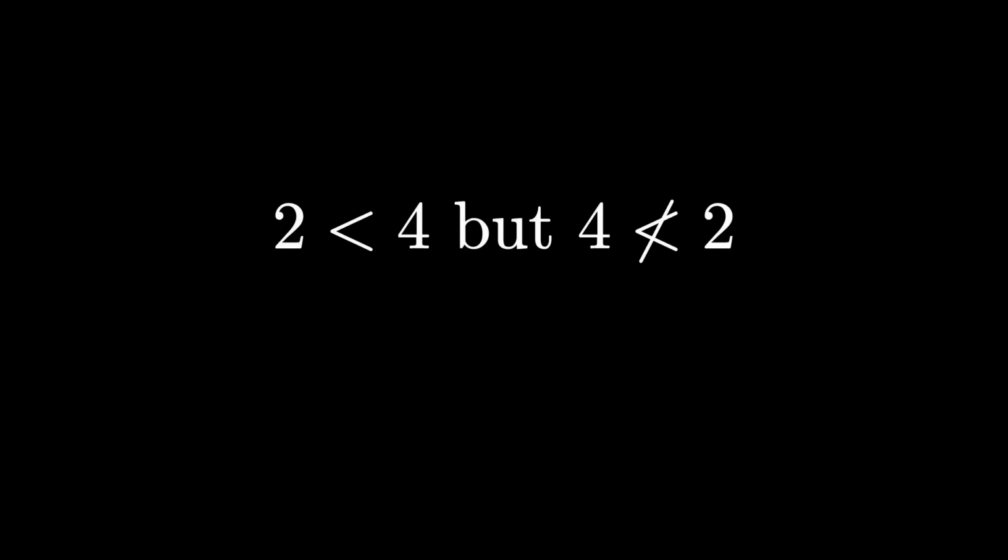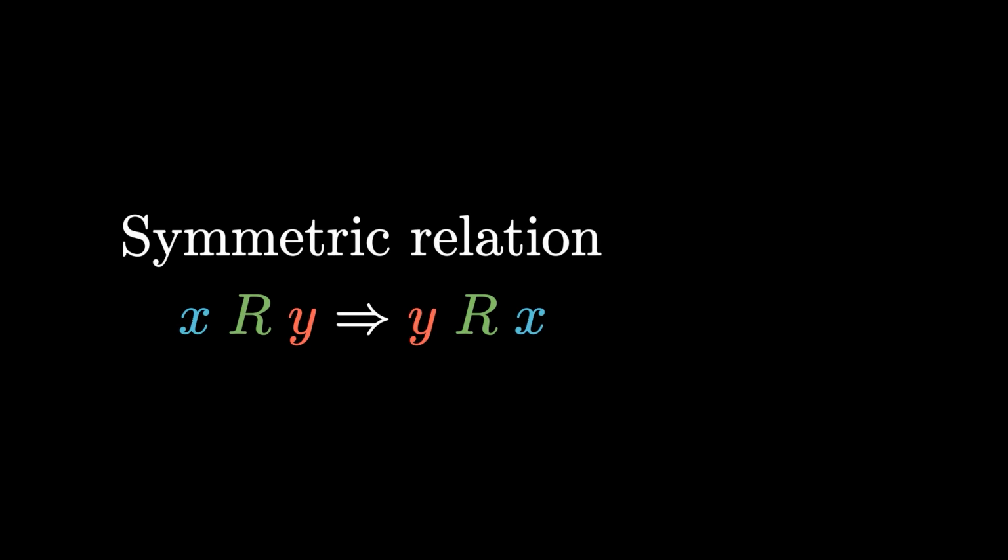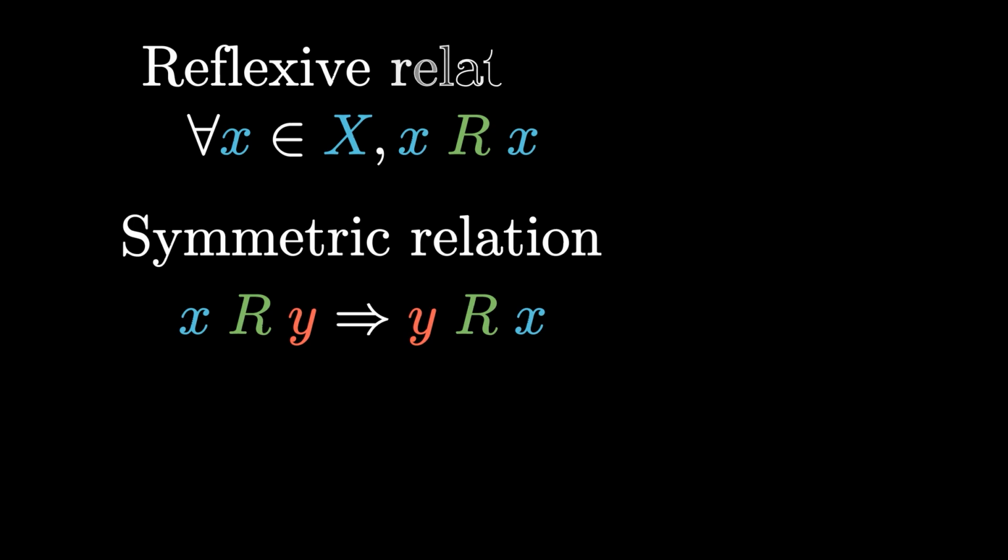Now, some relations have properties that are easy to work with. For the less than relation, we can see that order matters, and that elements are not related to themselves. But some relations don't have these restrictions. When order doesn't matter, so if x is related to y, then y is related to x, a relation is called symmetric. A relation where all elements are related to themselves is called reflexive.